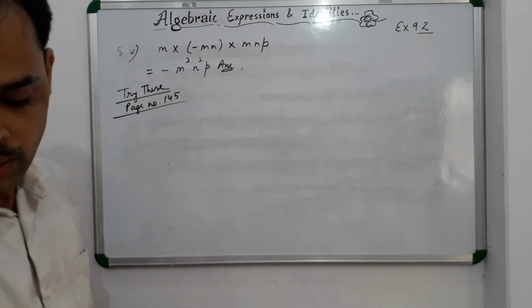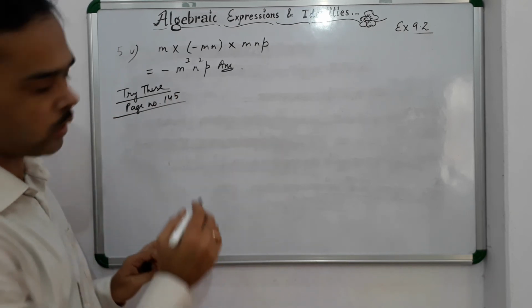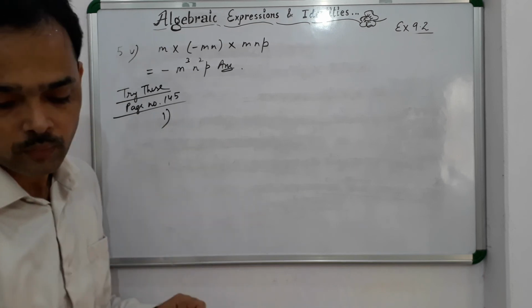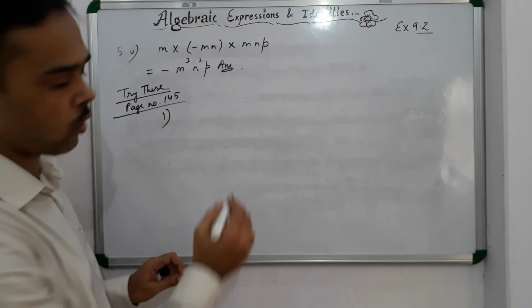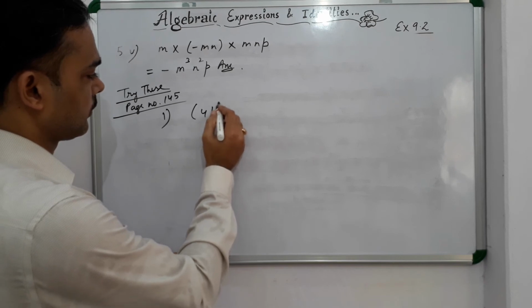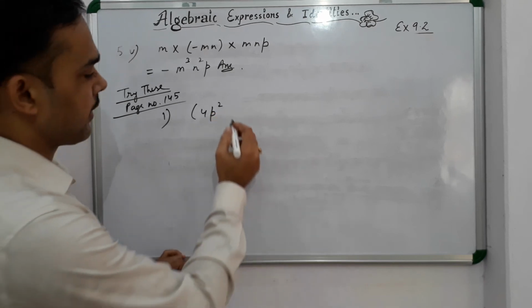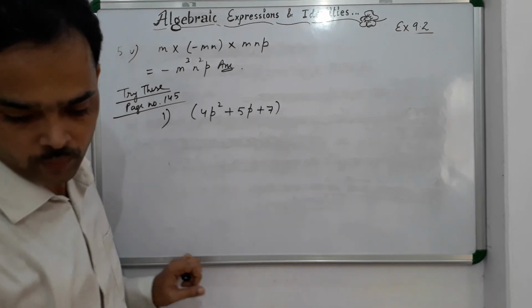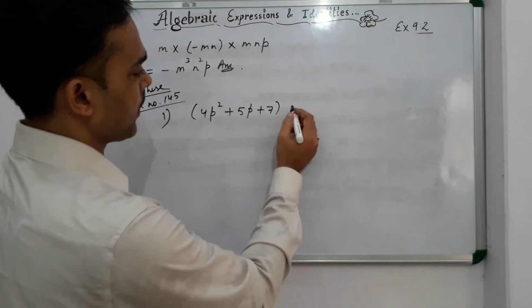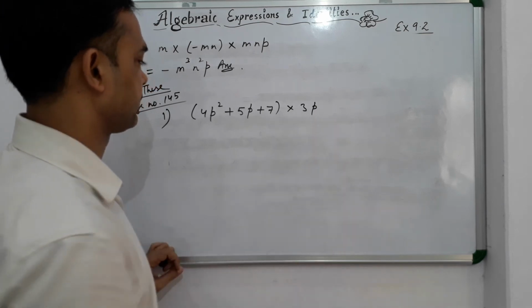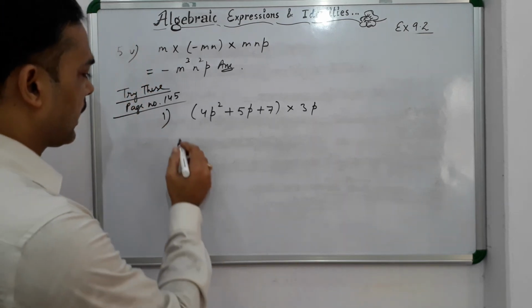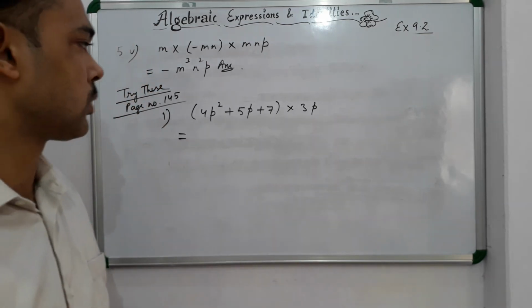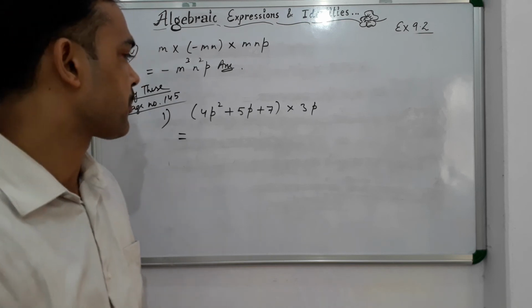Now it is mentioned, find the product of 4p square plus 5p plus 7, that has to be multiplied by 3p. Now what you can do is use the distributive property.